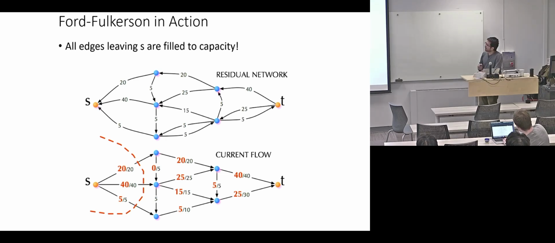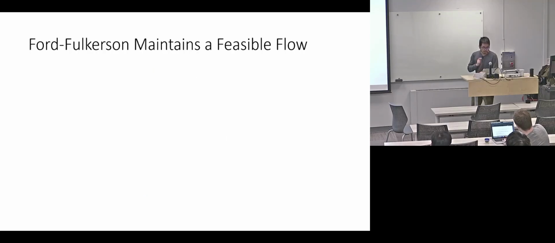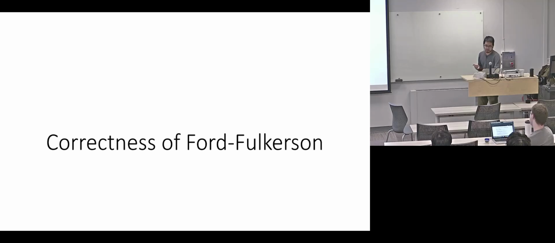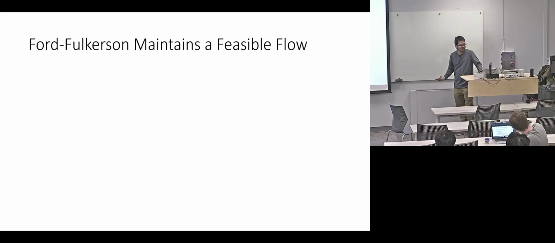So at least I hope you understand the algorithm. Let's try to prove correctness. First of all, before saying that Ford-Fulkerson returns a maximum flow, we need to say first that it does return a feasible flow, a valid flow.